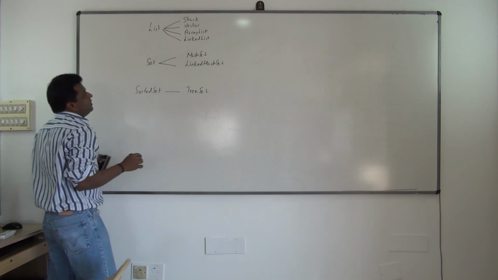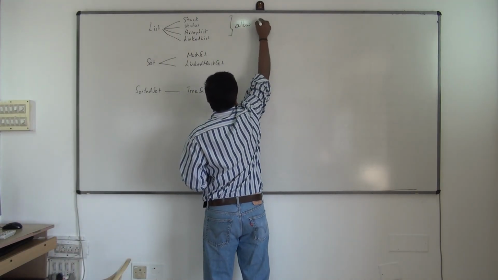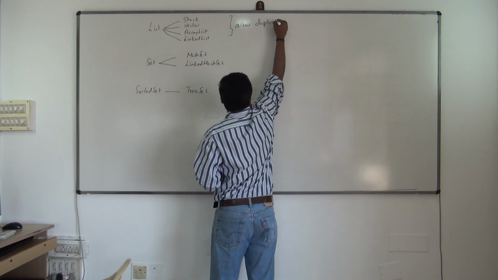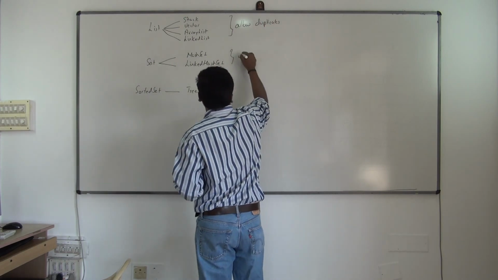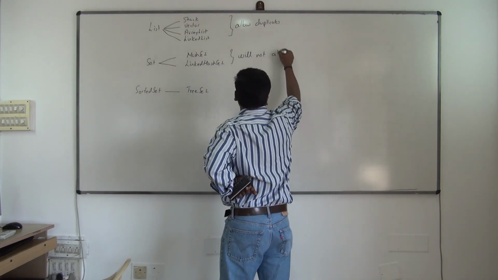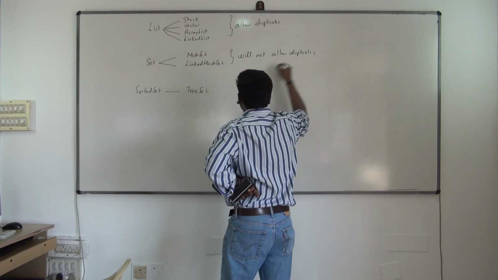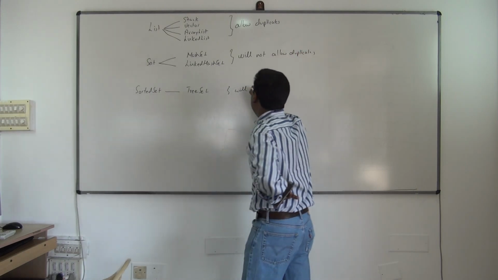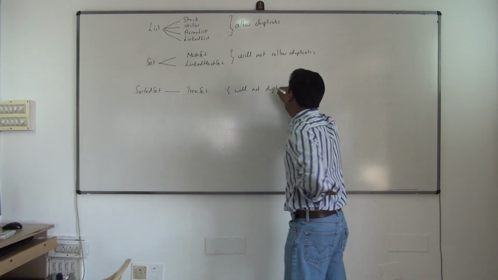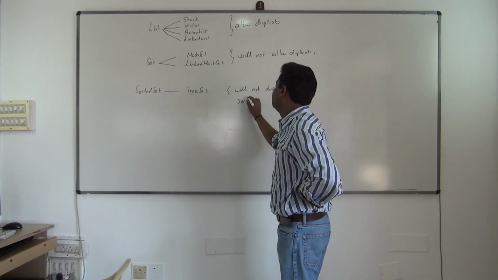So any class which is implementing list will allow what? Duplicates. That's what you have to understand now. Any class which implements set will not allow duplicates. Here it will not allow duplicates plus sorted.